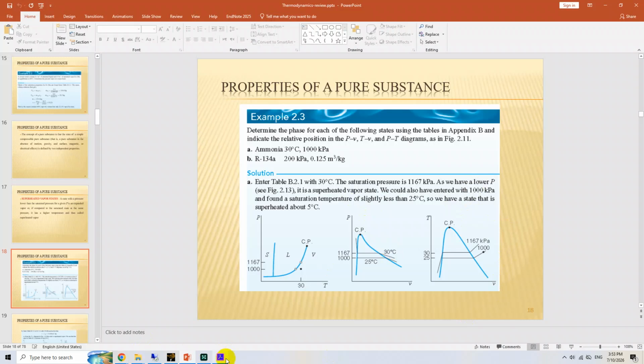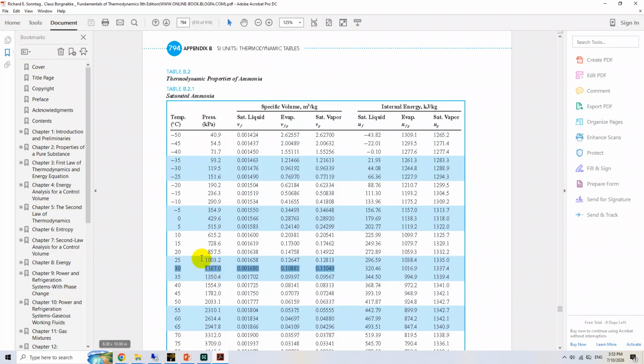If we look for pressure 1000, we see in the table 1030 kilopascal, where the saturation temperature is 25 degrees centigrade.